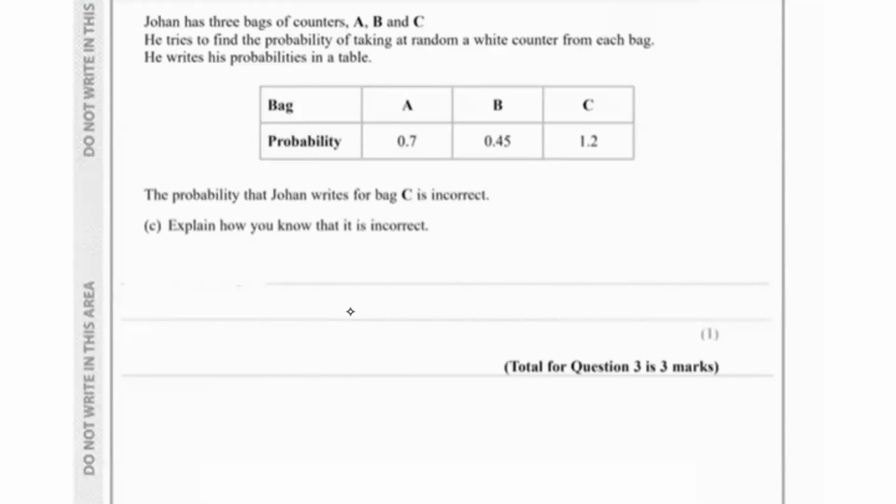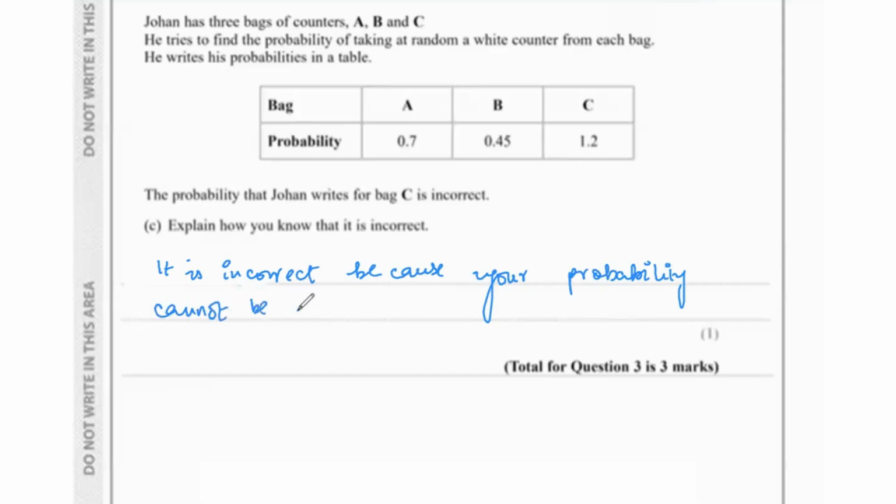It's always going to be less than or equal to 1. It is incorrect because your probability cannot be greater than 1.